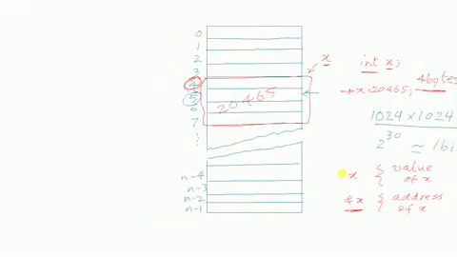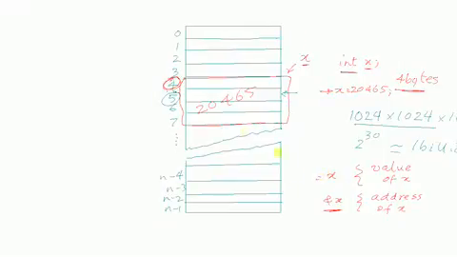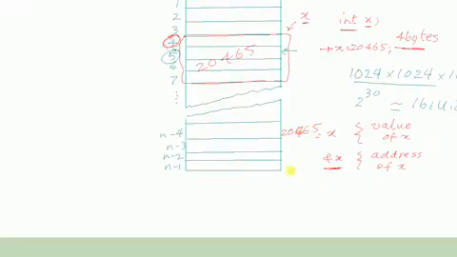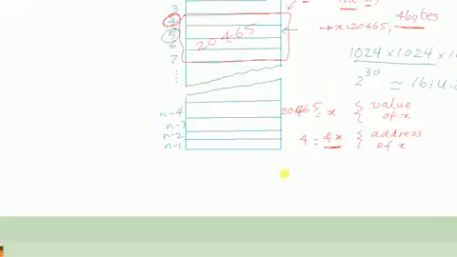So x means, in this example, 20,465, but &x is the address of x, which is in this example 4.